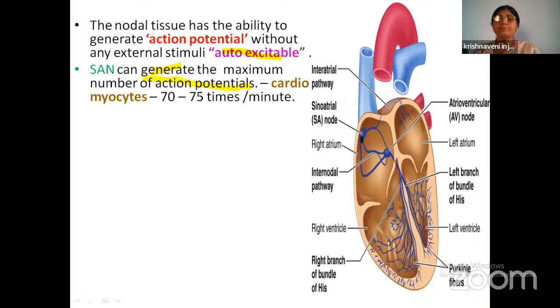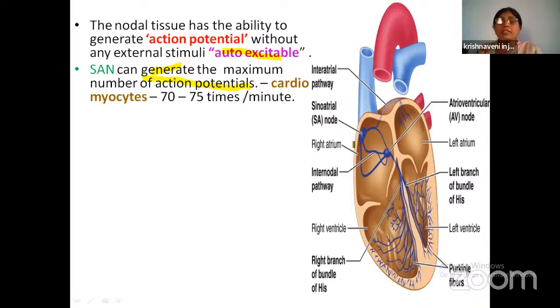This is able to generate action potential without any stimulus, so that's why it is auto-excitable. That's why the heart itself is myogenic. It is able to contract and relax without any stimulus or nerve impulse.